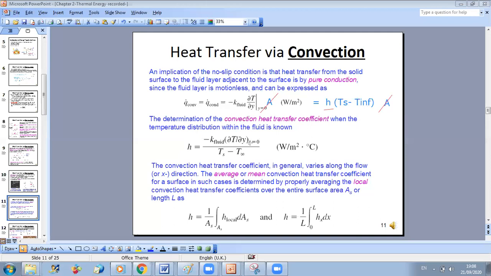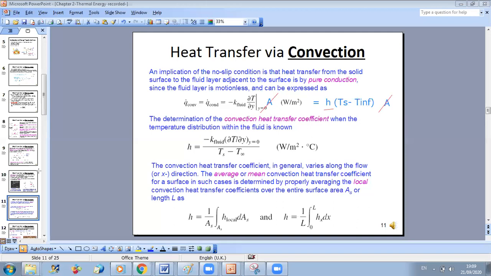Now, the convection heat transfer coefficient in general is not constant along the flow direction. You know why? Because for the boundary layer, you have transition zones. So at each location x, you don't have the same profile of velocity. Okay?